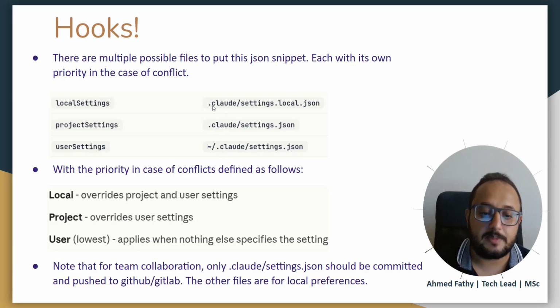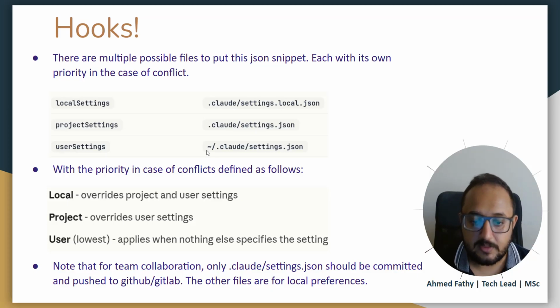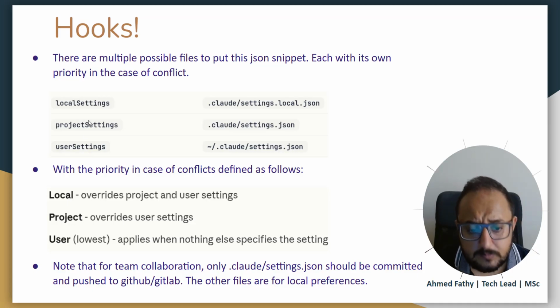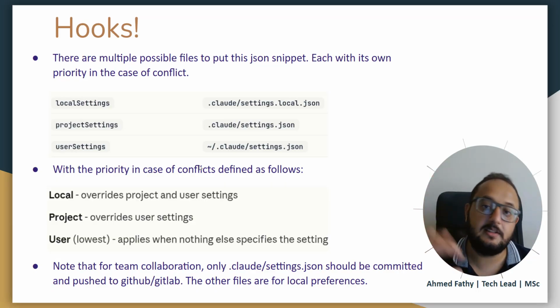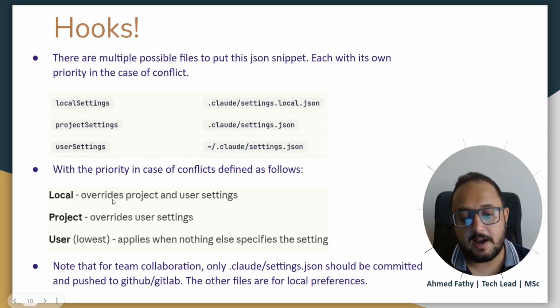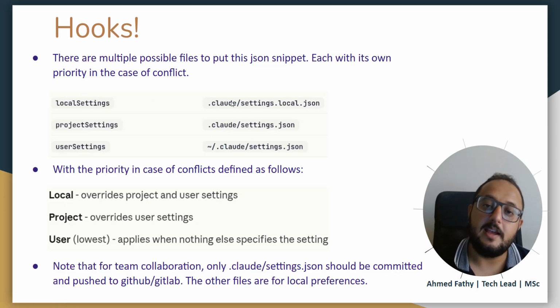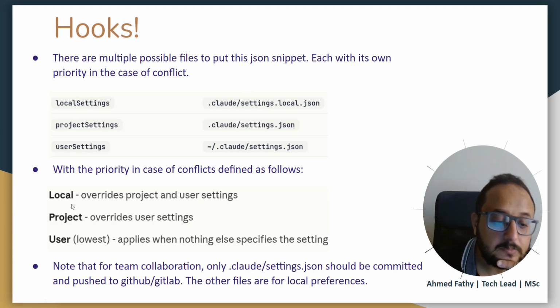You can also do something like .claude inside the project as well, settings.local.json. This one is called user settings, this is called project settings, and this is called local settings. As for the priority in case of conflicts, you can define different things in different settings.json files. Local overrides project and user settings, so this one actually is the final judge in the case of conflict.